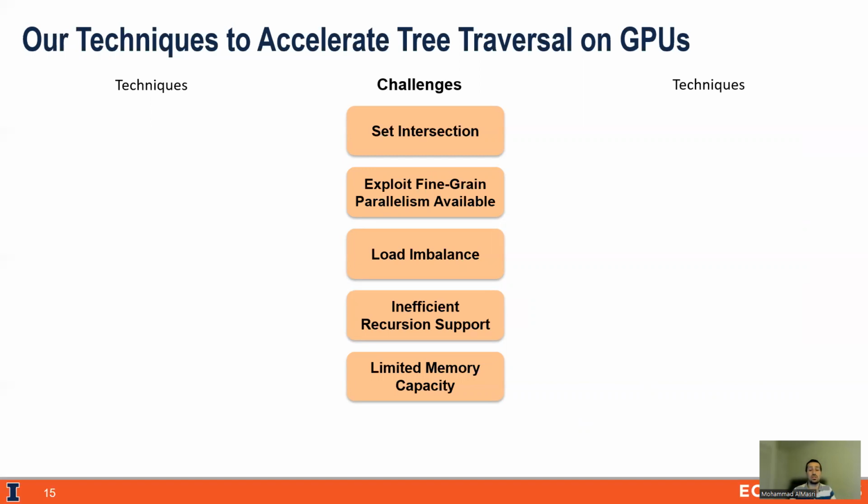Mainly the set intersection, exploiting fine-grained parallelism, the load imbalance, which is more problematic on GPU than it is for CPU, insufficient recursion support on the GPU, and definitely the limited memory capacity of the GPU compared to the very large DRAM capacity on the CPU.